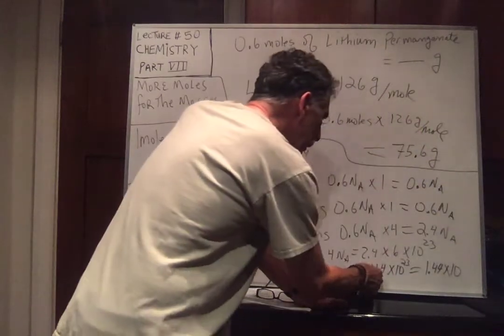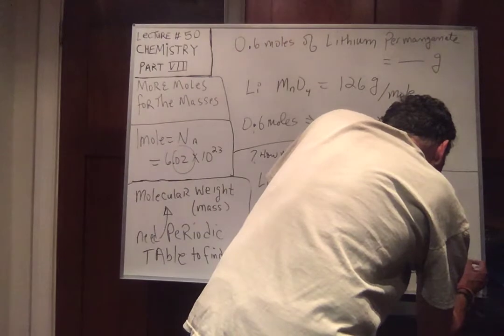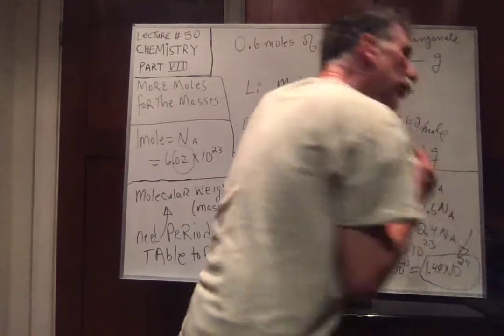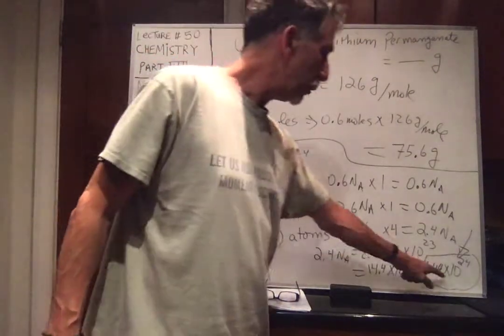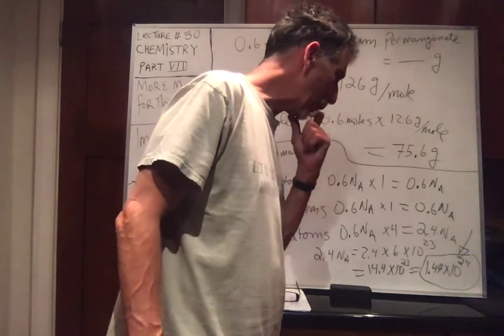So I'm dividing this by 10, making it smaller, so I have to increase this by 1, make it 10 to the 24. This is the way the answer could be on an exam in terms of 10 to the 24th. 1.44 times 10 to the 24th.